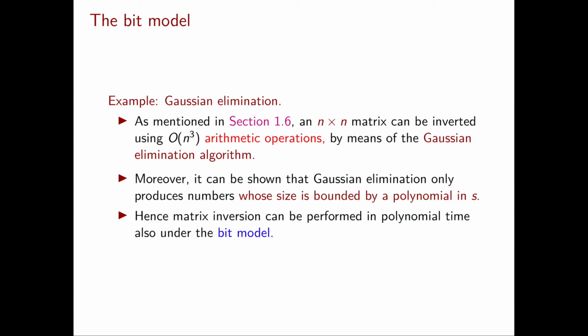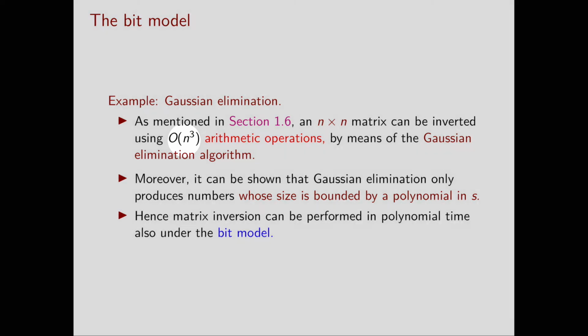An example of an algorithm that runs in polynomial time under the bit model is Gaussian elimination. Gaussian elimination is an algorithm that inverts the given matrix. So it is an algorithm to solve the matrix inversion problem. We have already seen in section 1.6 that the number of arithmetic operations performed by Gaussian elimination is O(n^3).